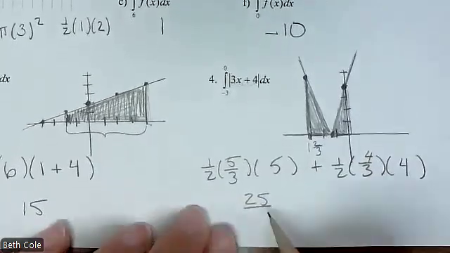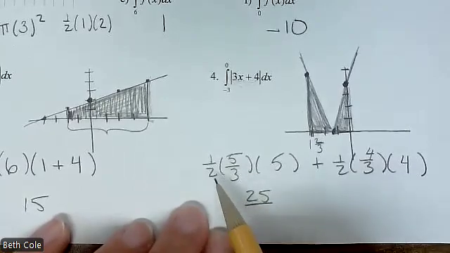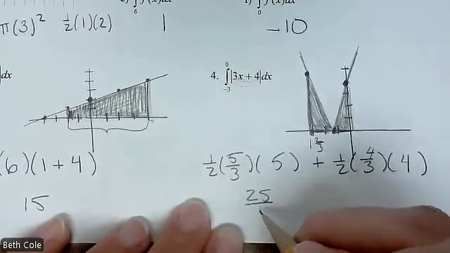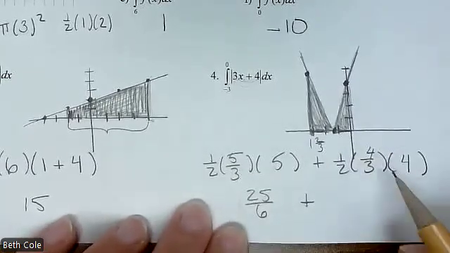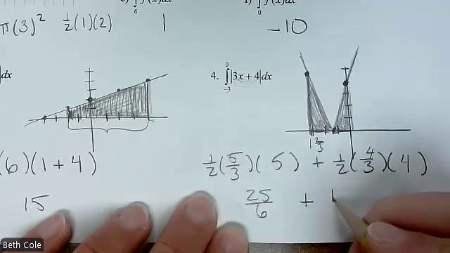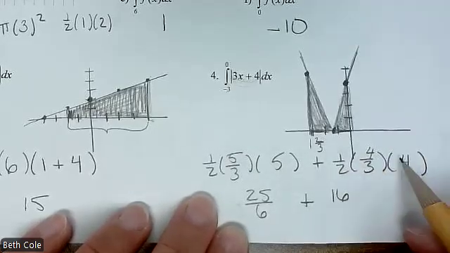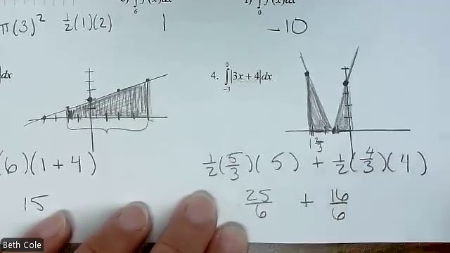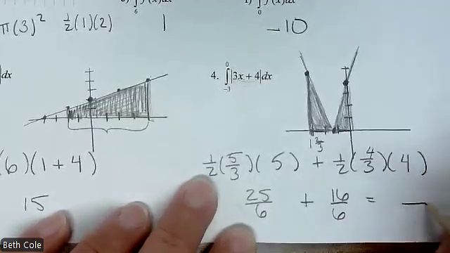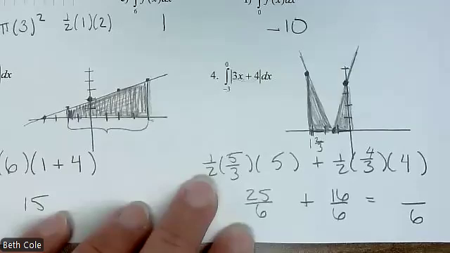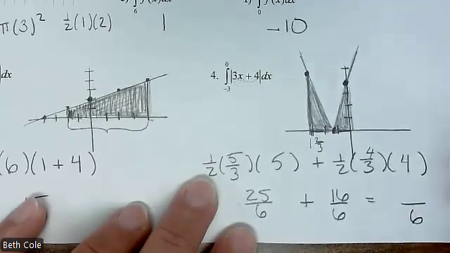And then what would your denominator be? Yeah, 6, good. Plus, this one would be 4 times 4 gives you 16, over 6. And then you would just add those together. What is that? 41/6.